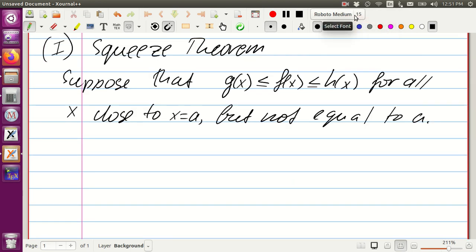So we have the situation when the functions are in this specific order everywhere, maybe except a.